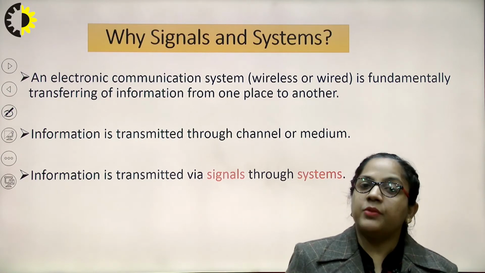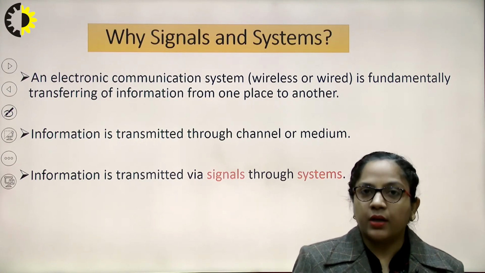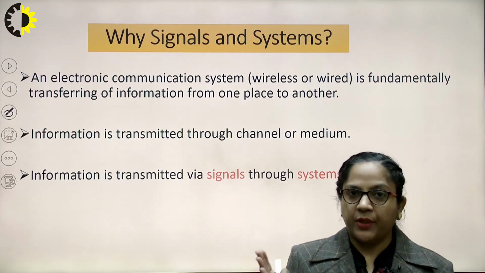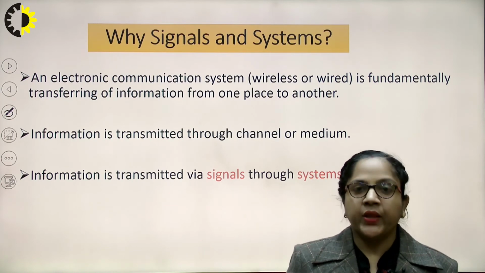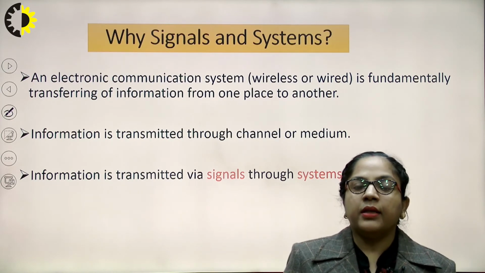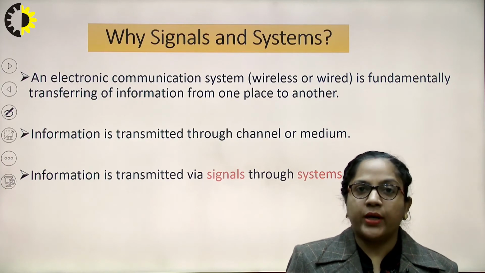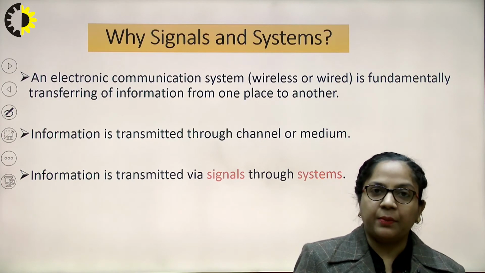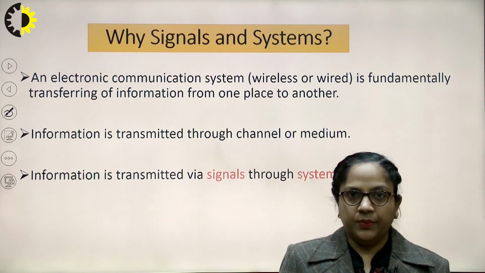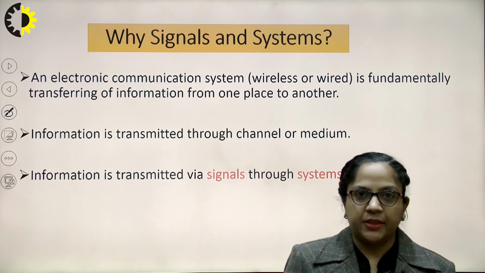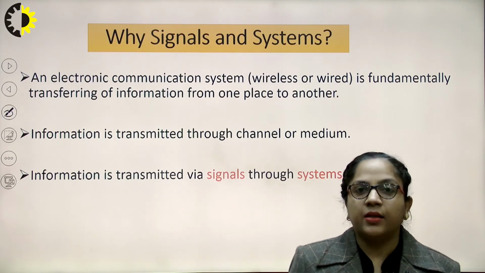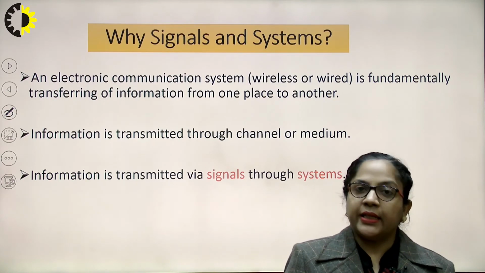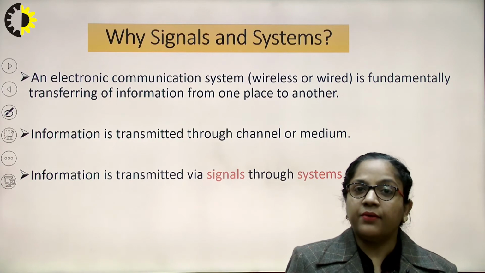When I am transferring my information from one point to another point, the path or channel between the source and the transmitter can be in the form of wire, a coaxial wire, a cable, an optical fiber cable, or it can be a wireless medium like mobile phones, satellite communication, broadcasting. So, it can be a wired medium or a wireless medium.